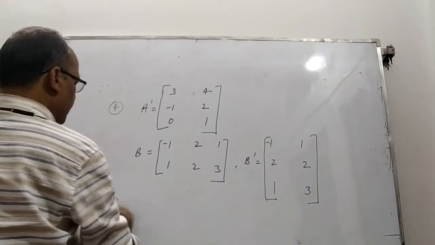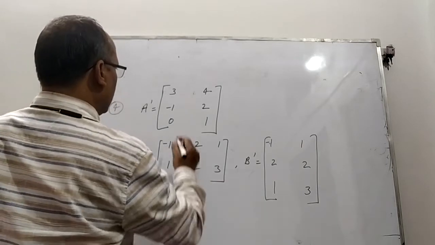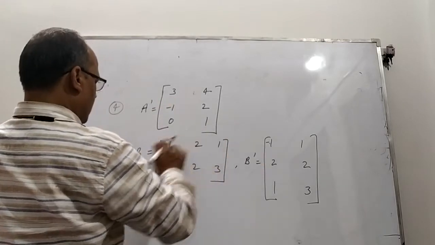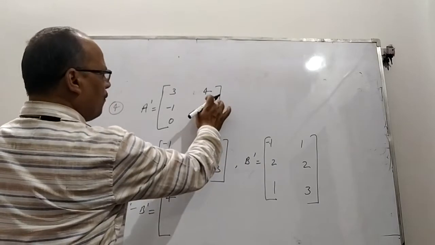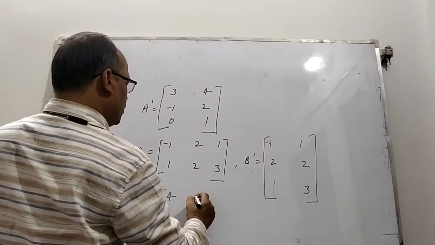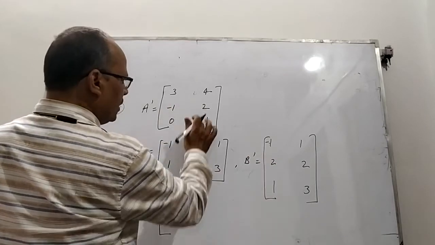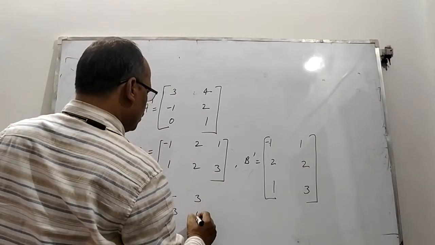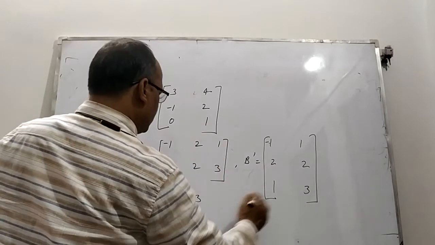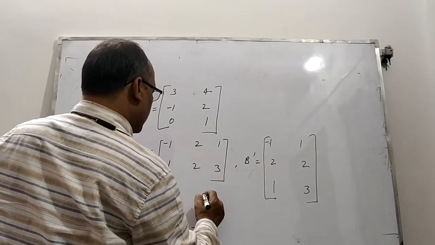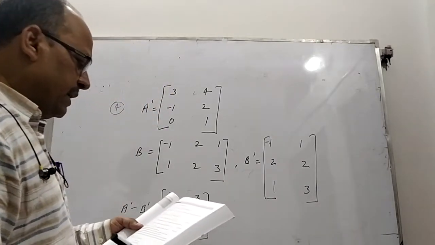Now you can get this: transpose of A minus transpose of B. 3 minus minus 3, it will be minus plus, so 4. 4 minus 1, 3 minus 1, minus 2 minus 3, 2 minus 2, 0, 0, minus 1 minus 1, 1 minus 3 minus 2. Okay, in this way you can get your answer. This is a very simple question.